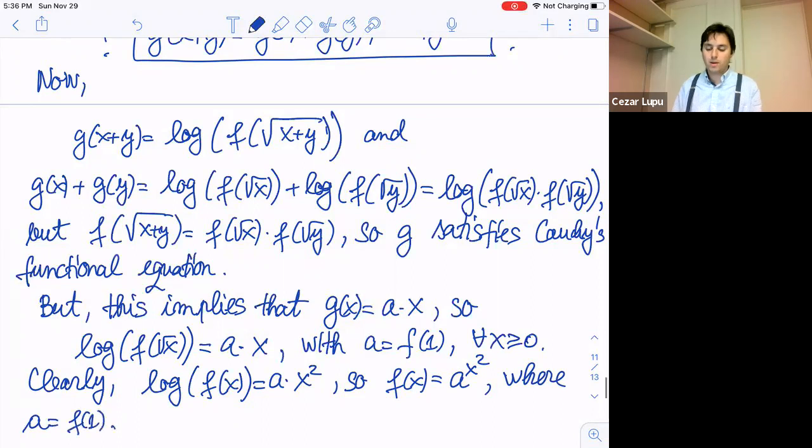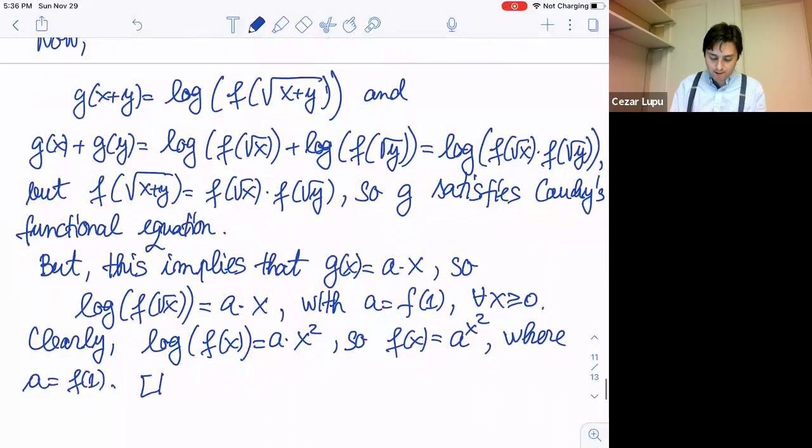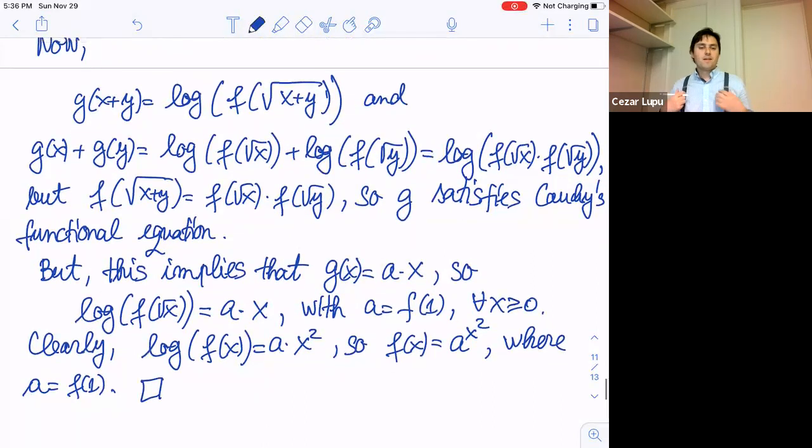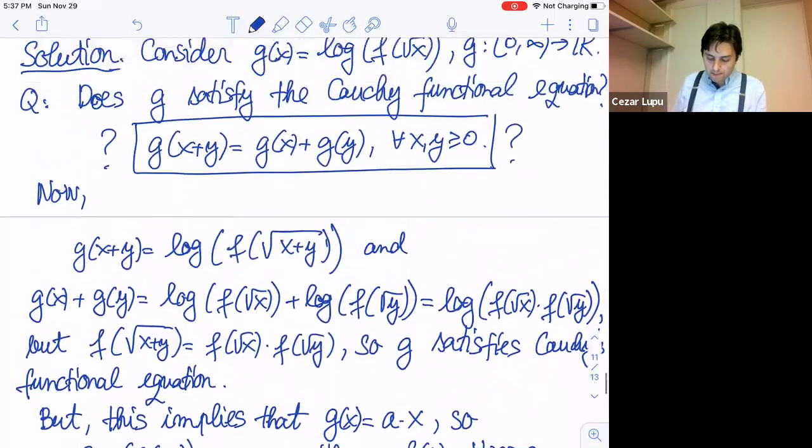And that's exactly what we're done. You see, a Cauchy functional equation comes to the rescue at this point. So it was important in the economy of this problem.